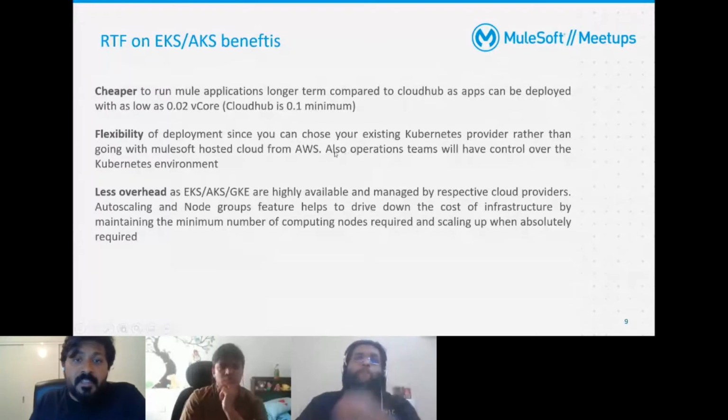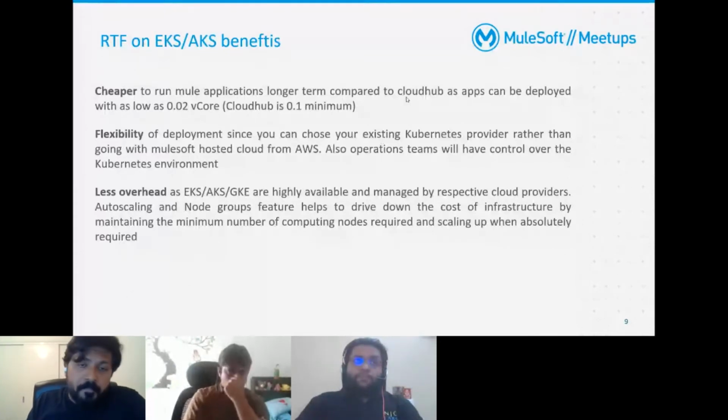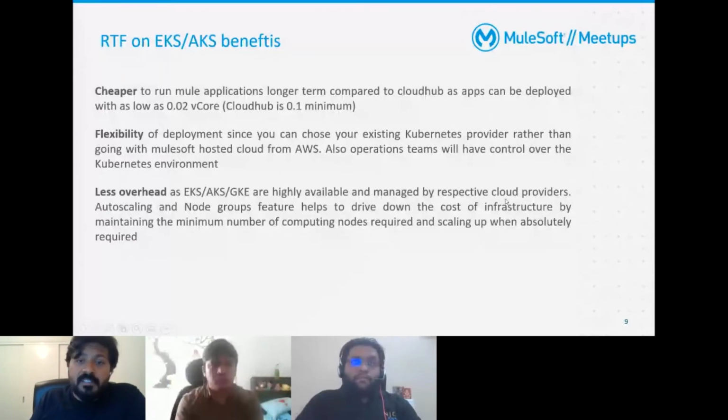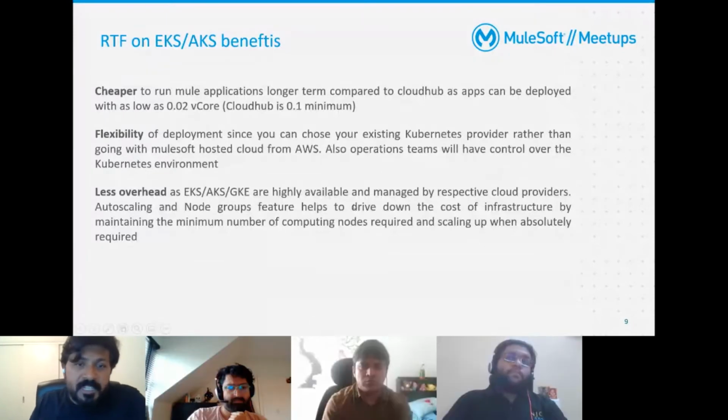And the other thing is operation teams have control over your Kubernetes domain, while in the appliance, you don't, because that's completely provided from the MuleSoft side. Also there is less overhead, as these are all highly available and managed by the respective cloud providers. So you don't have to worry about the control plane or the Kubernetes related upgrades and stuff like that. That's all managed by the respective providers.